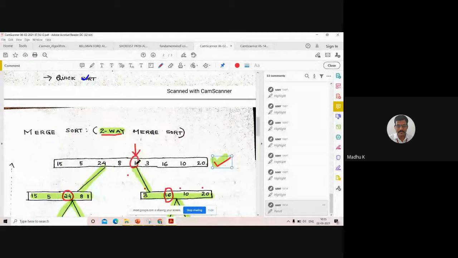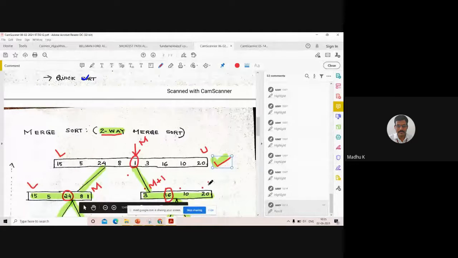Initially this is low, this is high. Then this is mid, so low to mid will consist of the low to mid elements here. Then from mid plus 1 to high elements will be here.